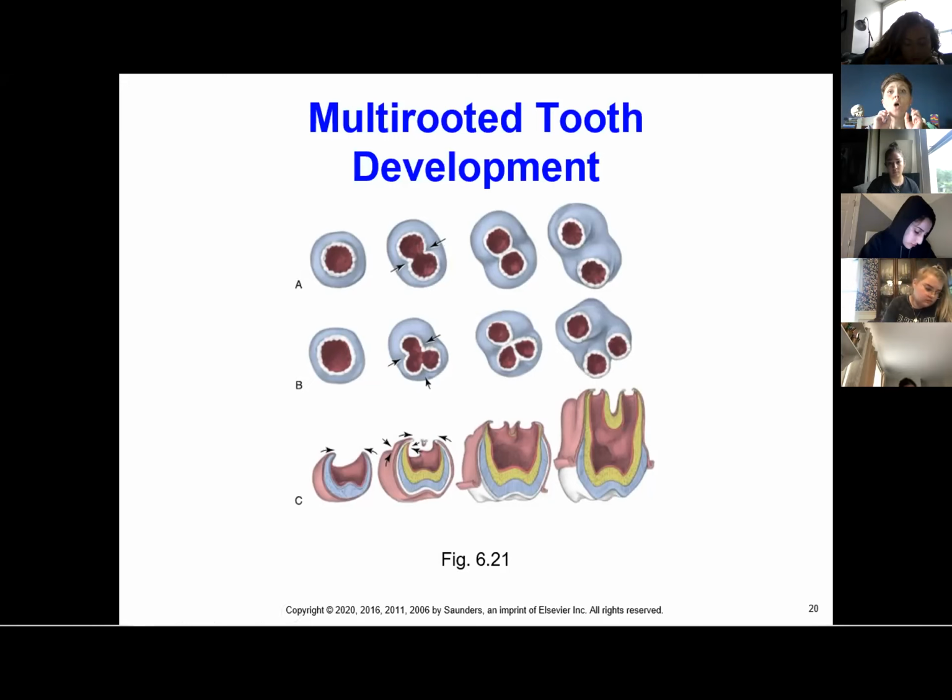Multi-rooted tooth. Which teeth have two roots? The mandibular molars. Yes. What about which teeth have three roots? Maxillary molars. Okay, very good job, Amanda.